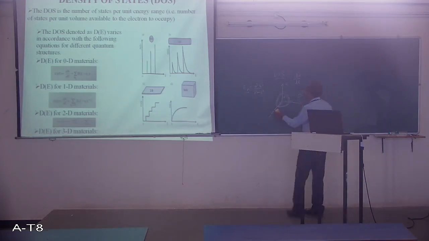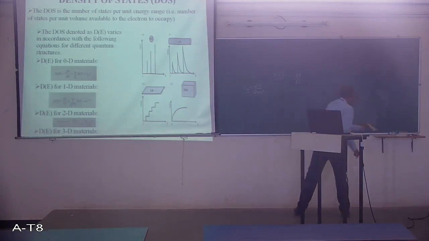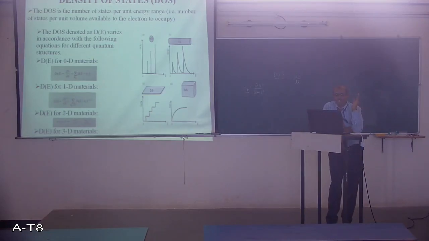That is dE. What is density of states? The density of states is the number of states per unit energy range. That is nothing but the number of states per unit volume available to the electron to occupy.